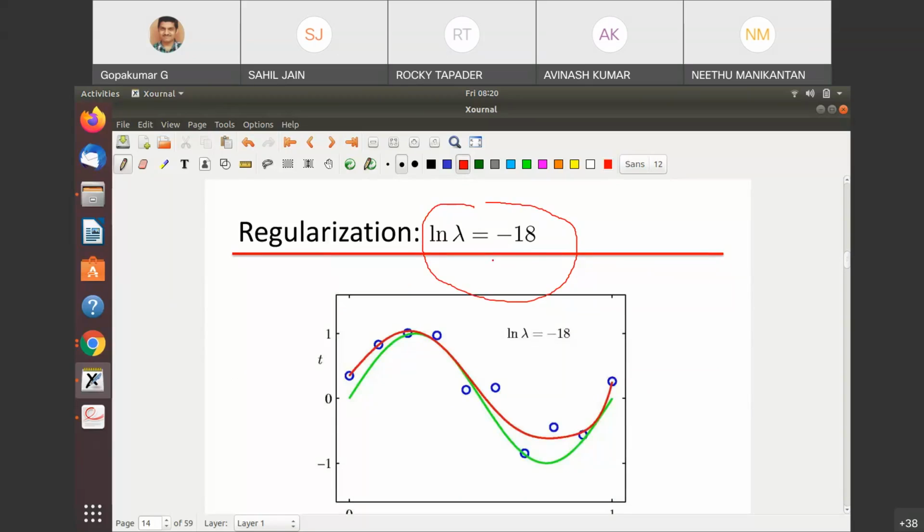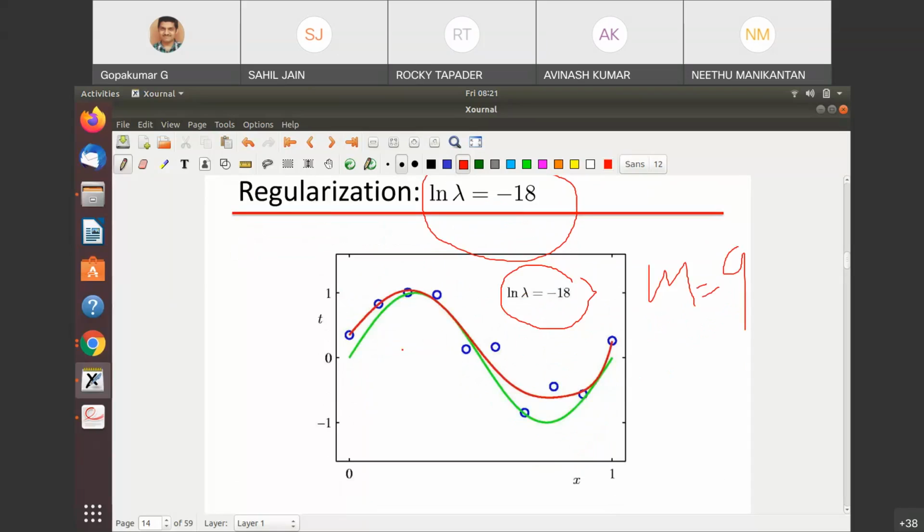We can always try different lambda values. This is for the M equal to 9 case itself, where ln of lambda is equal to minus 18, and that results in a very close fit.